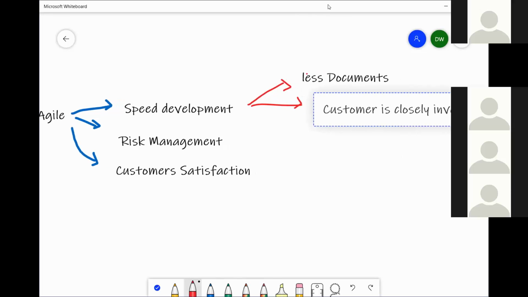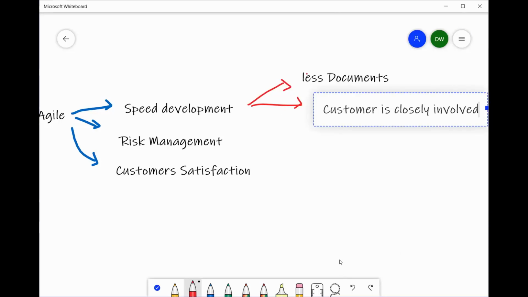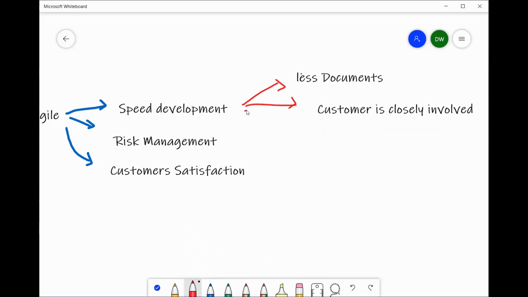When the customer is closely involved, any unclear places can be cleared up very effectively. So as a result, your software development process will become faster than doing it without the customer involvement, right?